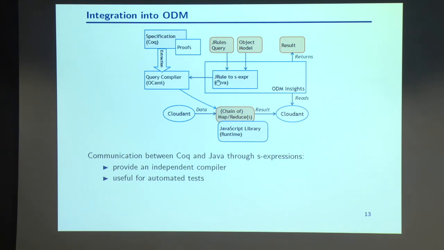And then we have just a small OCaml program that reads the S-expression and calls the Coq compiler. So this was really useful for the test automation because now our compiler is kind of independent of the product. We can just generate the test case as S-expression and we can run the compiler as we want on the command line without having a dependency on the product side.